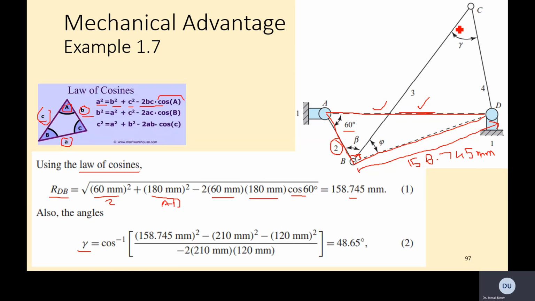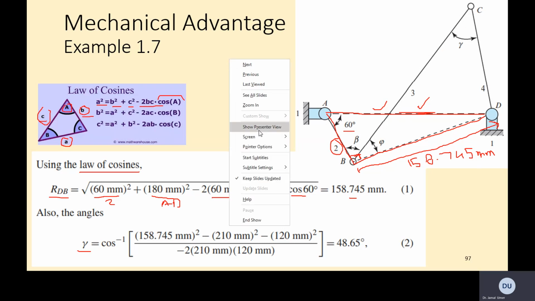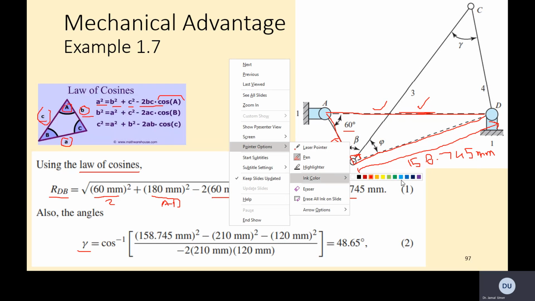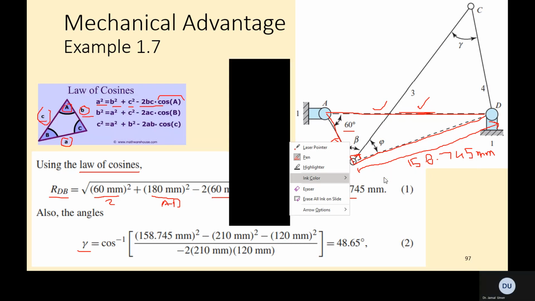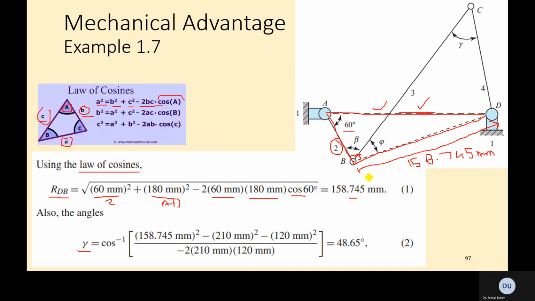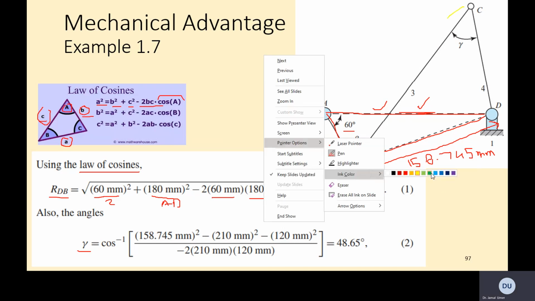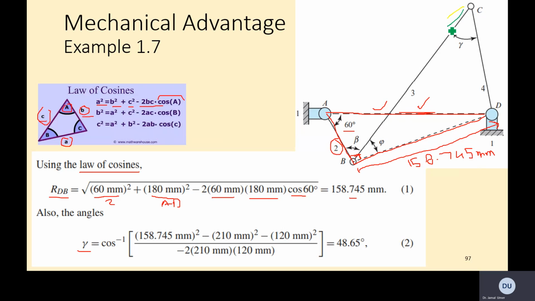Now, if you use another triangle, so you got now this triangle.